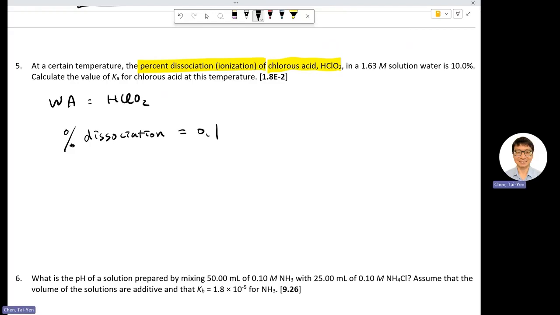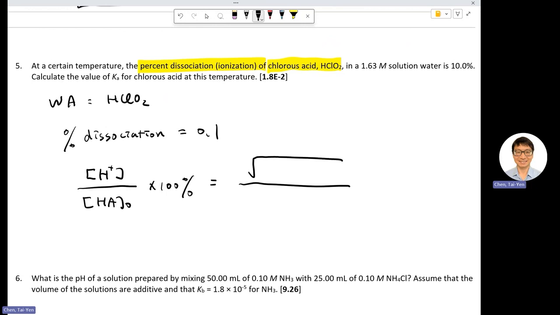Okay. So the next thing you do is write out the definition of percent dissociation. We know the percent dissociation is the proton concentration over your weak acid concentration, times 100%. So how do you represent the proton concentration of a weak acid? It should be the square root of the weak acid concentration times your Ka.